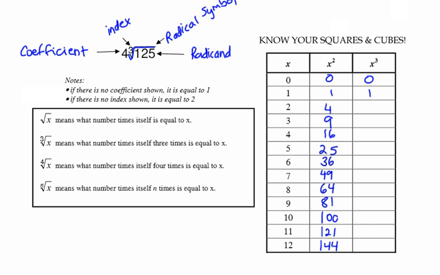You really need to memorize your squares and cubes up to 12. I promise you, you'll be so much faster if you do. It gets easier the more you get used to them. You're just not used to cubes. You're very used to squares.